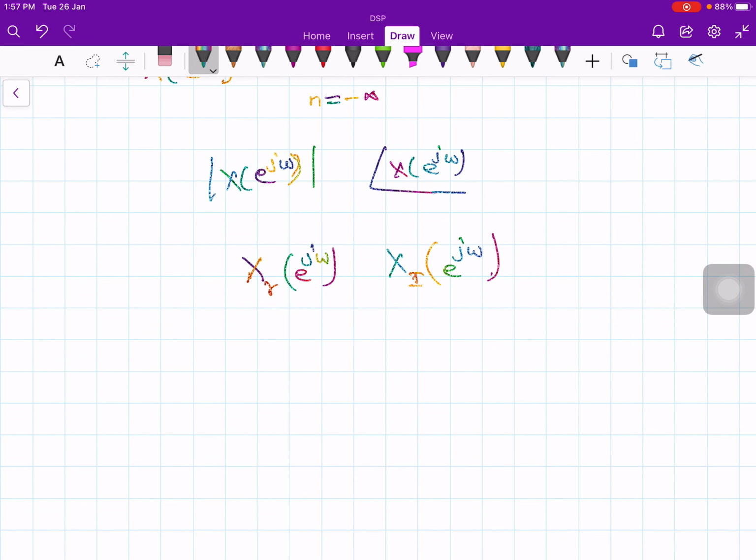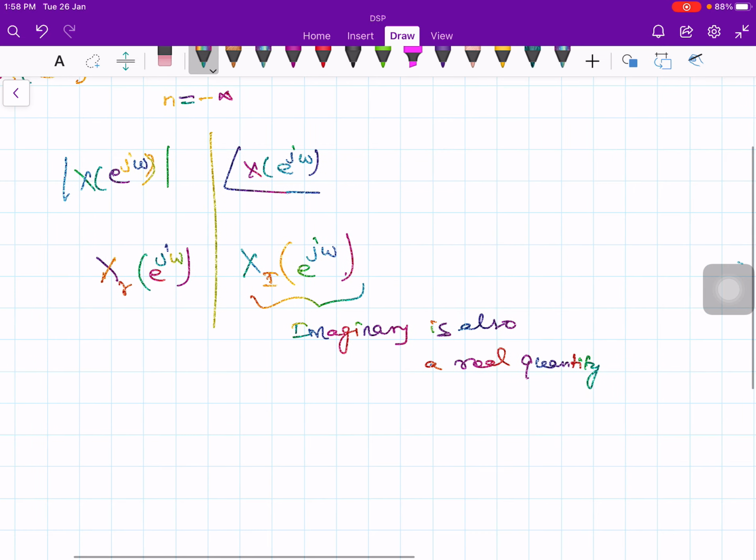I also emphasized the fact that the imaginary part is also a real quantity, okay, even though it is called the imaginary part. Suppose I write 4 plus j times 5, what about this 5? This 5 is a real number, right?